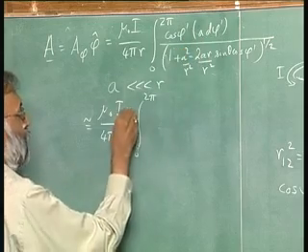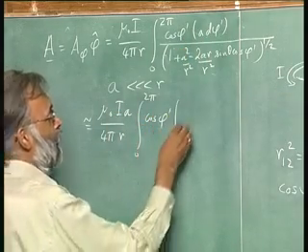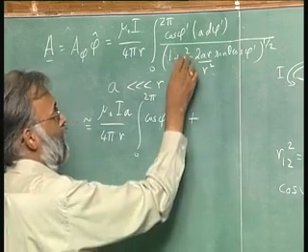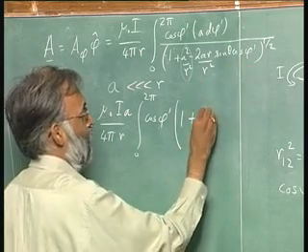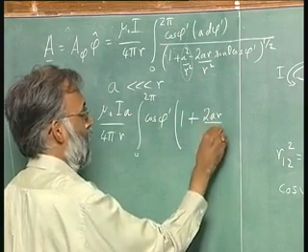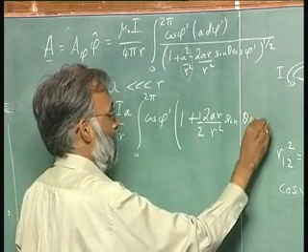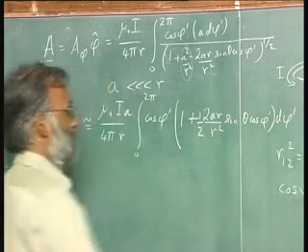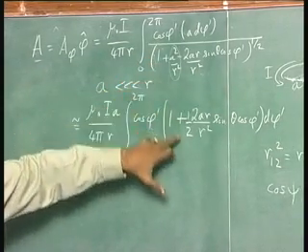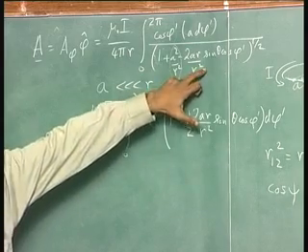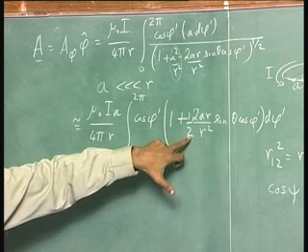I will pull this a out, cos phi prime times 1 plus, now this is a very small number, so I am not going to keep it, I am only going to keep this term, 2ar over r squared with a half sin theta cos phi prime d phi prime. So, I have taken this and I have applied the assumption that this is small and brought it to the numerator. The minus sign has become a plus sign and I have got a half.